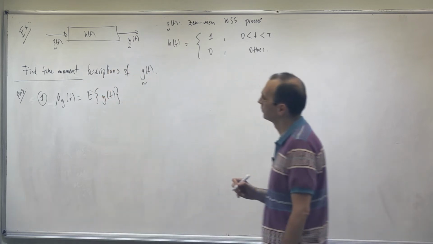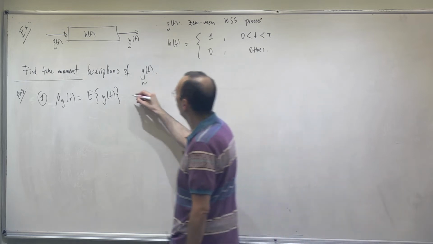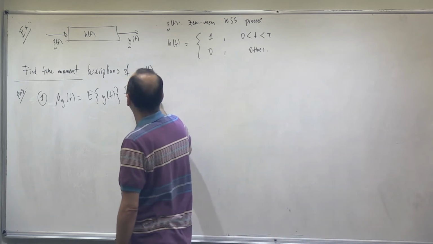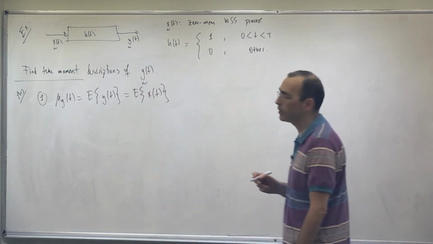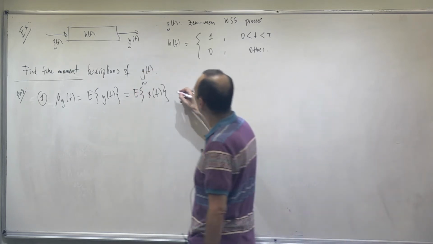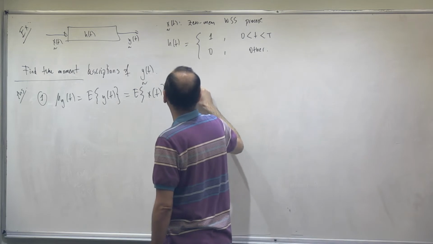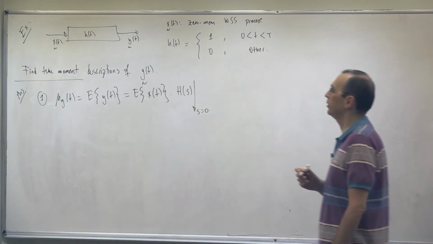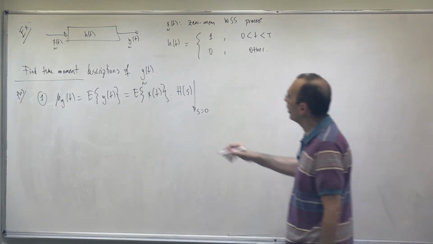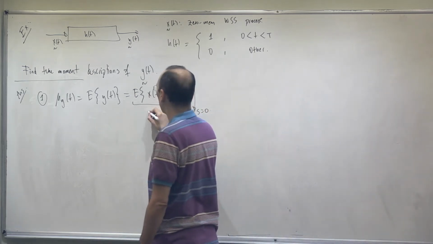Okay. So how can I calculate this? Maybe we can use it from our memory. This is expected value of x of t times h of s when s is evaluated at 0, what we call the DC gain. And this is just a constant.